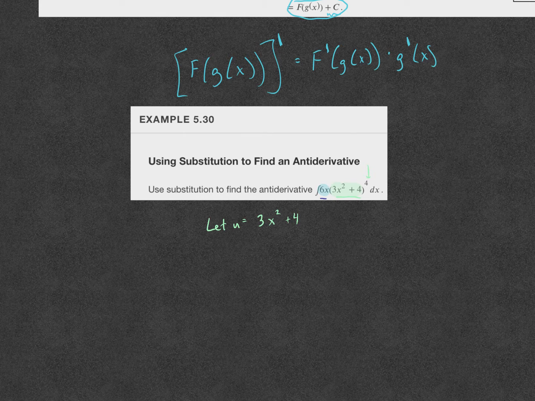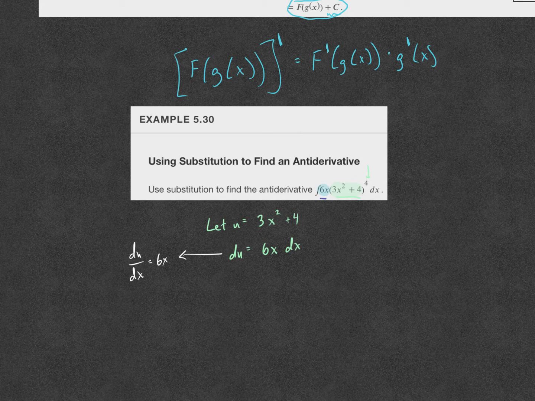All right, and then the way we write this next step is du, the derivative of u, is equal to 6x, and I'm not going to write plus 0, but the derivative of 4 is 0, 6x times dx. Now, what I just wrote there is equivalent to writing du over dx is equal to 6x, but we've essentially multiplied the dx on the right-hand side, because our goal here is to take everything inside of the integral that is in terms of x and write it in terms of u.